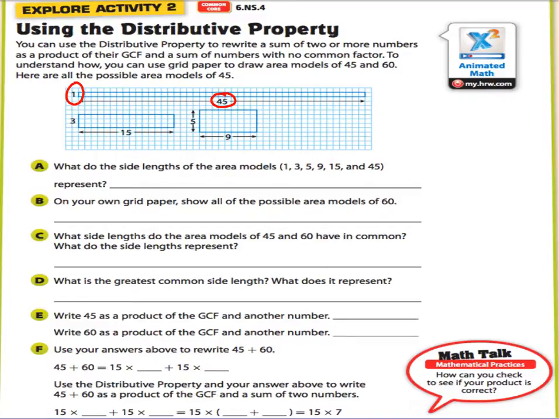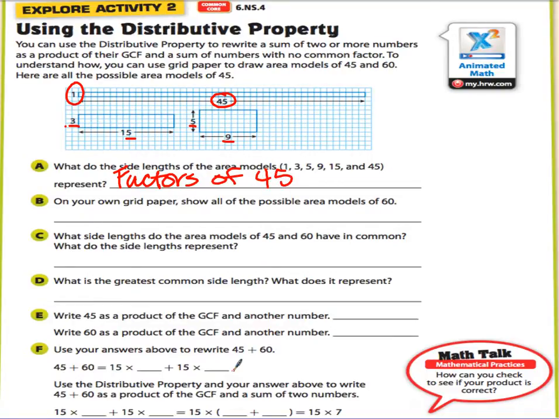So anytime you have a side length of 1, whatever that other number is, that's the number that you're factoring. That's your biggest factor. So in this case, all of these numbers here, 9, 5, 15, 3, 1, and 45, these are all factors of 45.